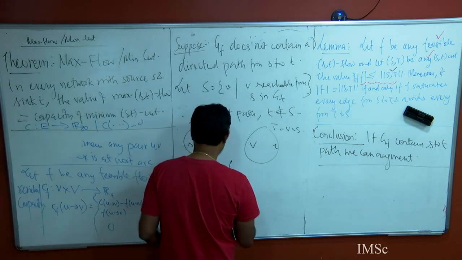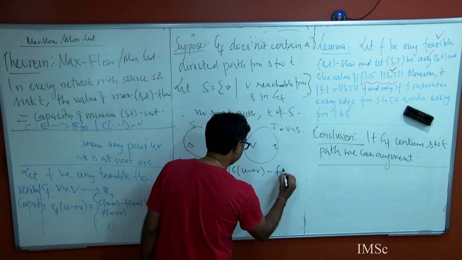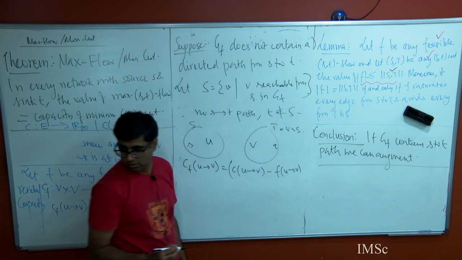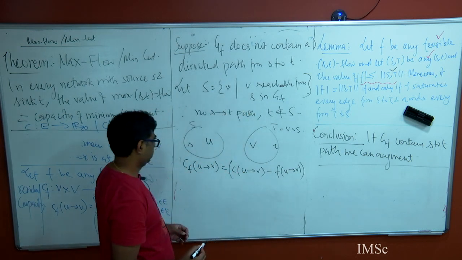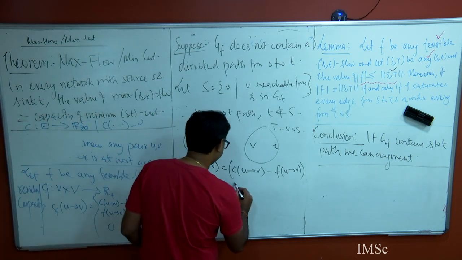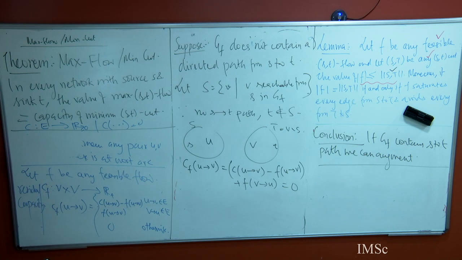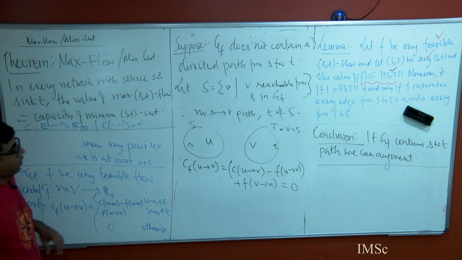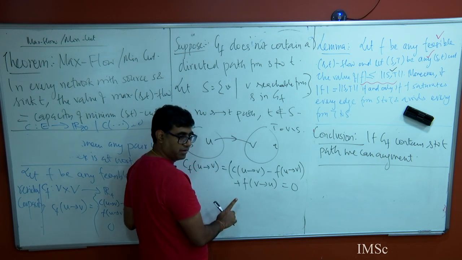Otherwise, it is capacity of U to V minus flow from U to V. I want to say this is equal to 0 for every pair U, V. Because if there is no edge, nothing, but suppose you had an edge here, that edge is no more present here.